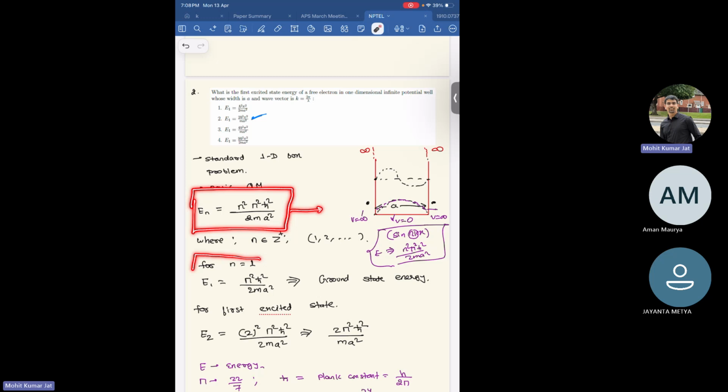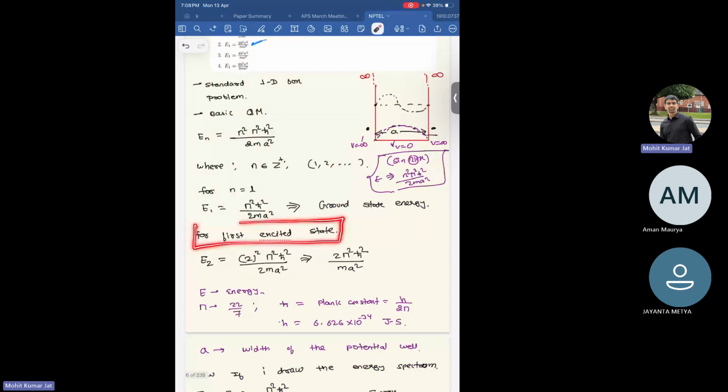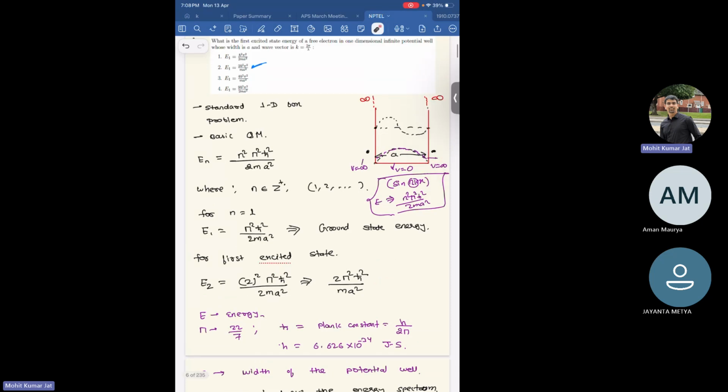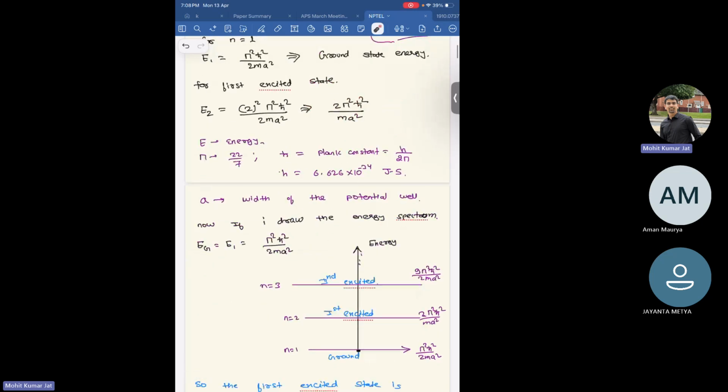You put n equals 1 for the ground state, n equals 2 for the first excited state, and that gives you 2 pi square h bar square by m a square. Here h bar is Planck constant by 2 pi, and Planck constant, you all know this value. These are the standard values which you should remember: 6.626 times 10 to the power minus 34 joule second.